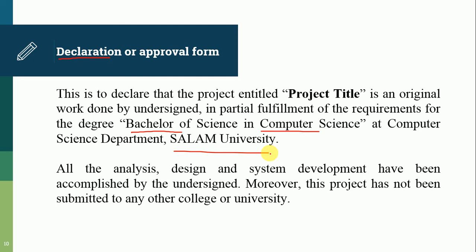All the analysis, design, and system developed have been accomplished. You should mention all these things. It's a form where you declare that you have done it by yourself and didn't copy from anybody. It's your own work, and you should write the name of the bachelor degree, to claim it in the faculty department or from a specific university.